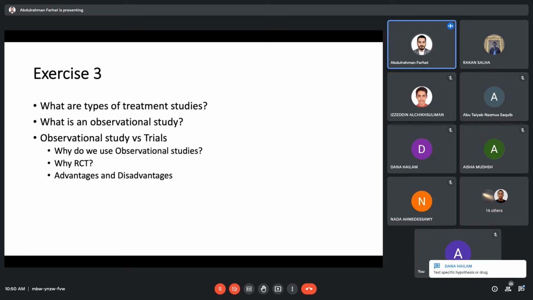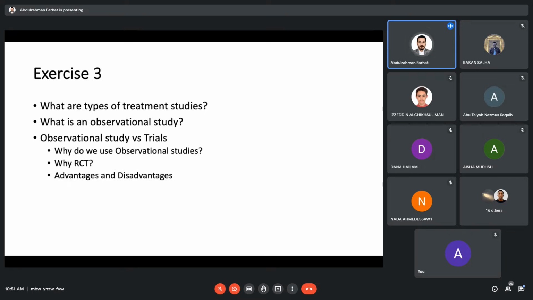So we do RCT because it falls at the top of what we call evidence-based medicine. When we talk about evidence-based medicine, one of the evidences that we use are clinical trials.